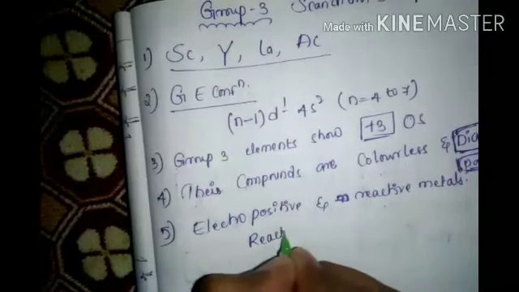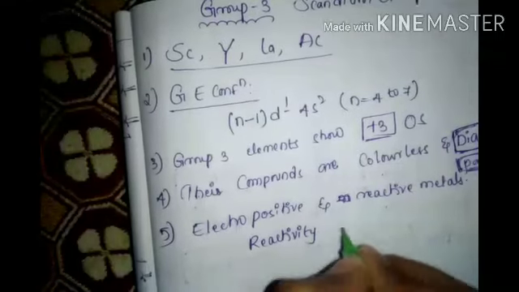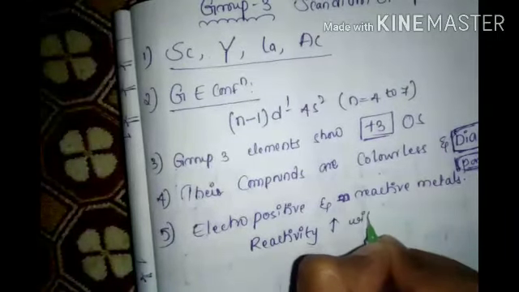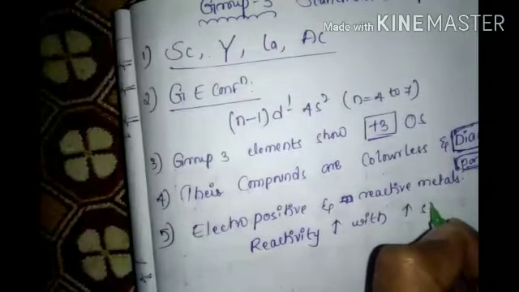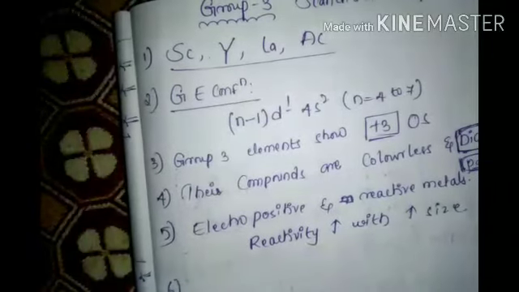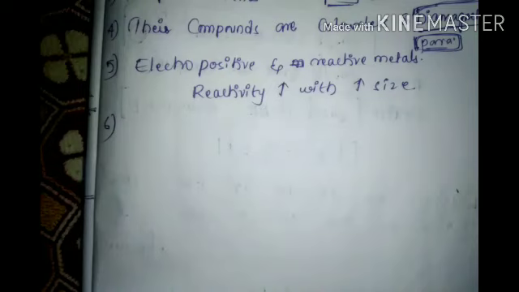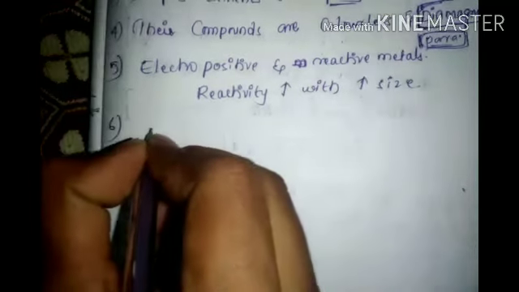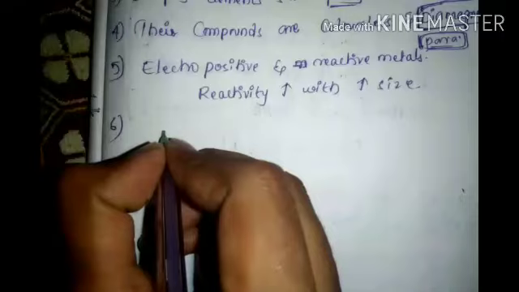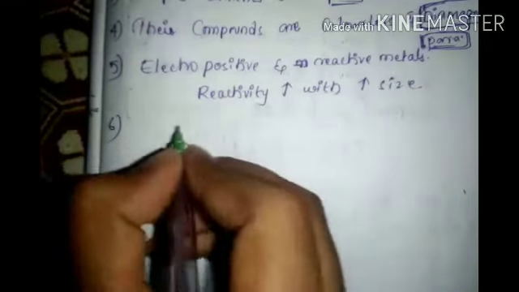Reactivity increases with increasing size. Important point. Okay, as size increases, reactivity also increases. And when these form bonds, for example, metals form bonds.